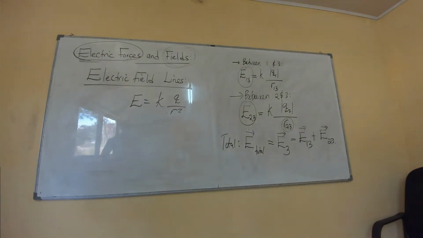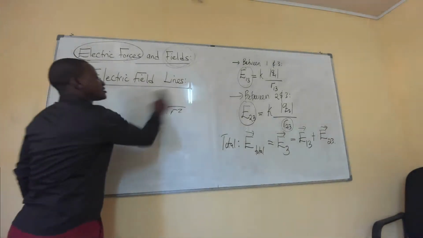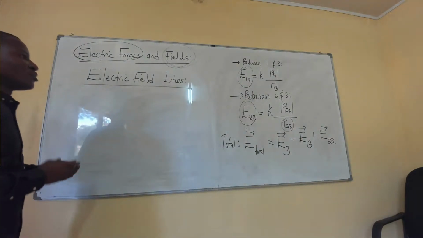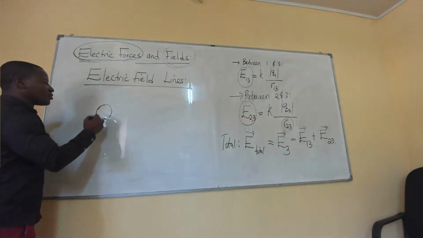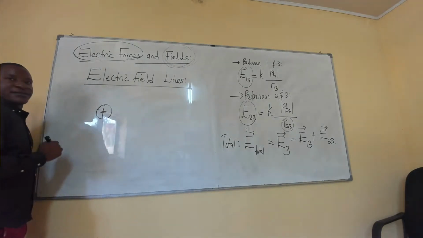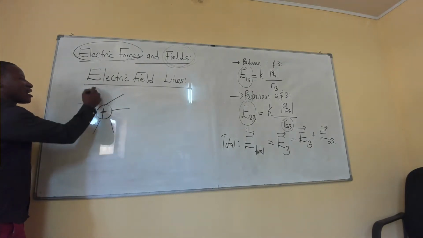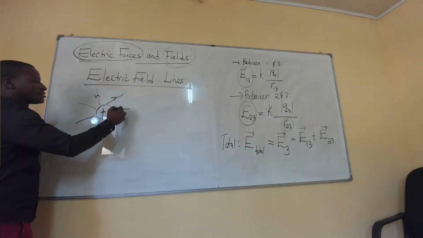Okay, so we move on to the magnetic field lines. Here we just need to state, it's that simple, we don't need to waste even time here. What we just need to know is that if you have a positively charged body, the magnetic field lines tend to be going outward like that.